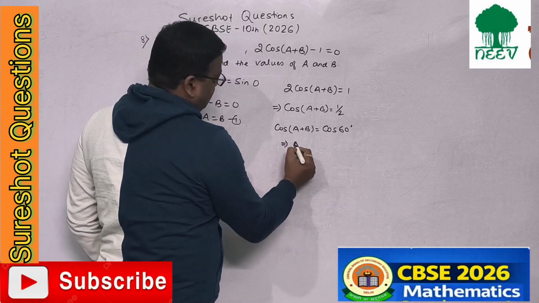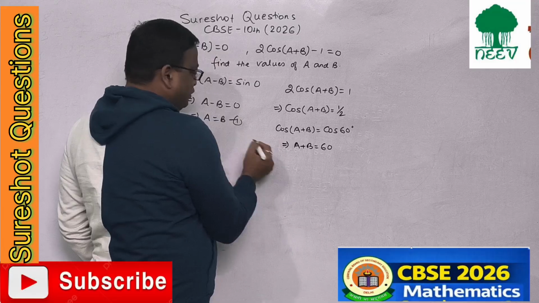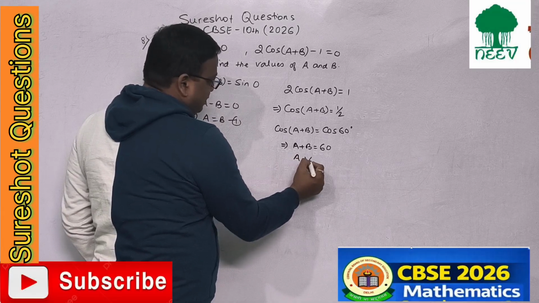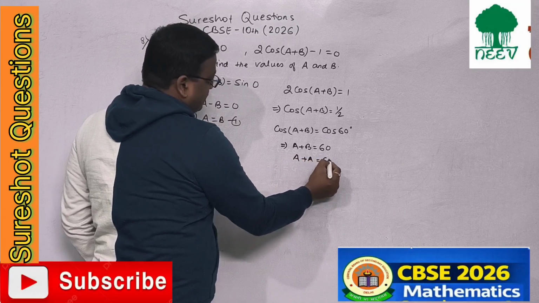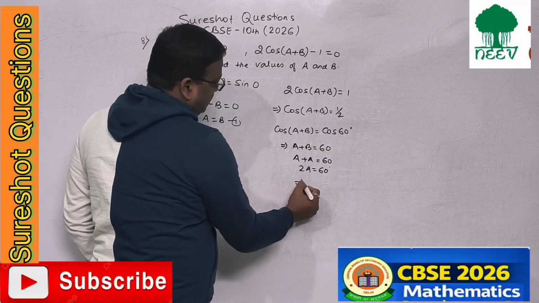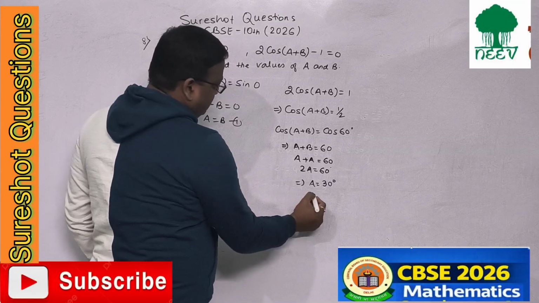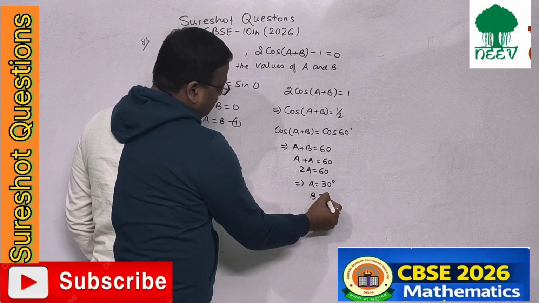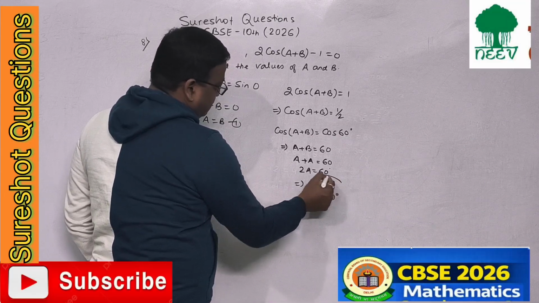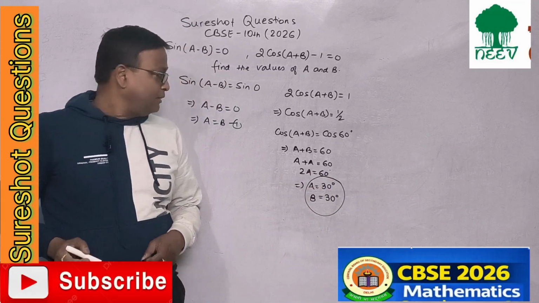This implies A plus B is 60. Now we know that A is equal to B. So let's change B also into A. So 2A becomes 60 degree. This implies A is equal to 30 degree. Hence B is also equal to 30 degree. So this is our answer. Clear?